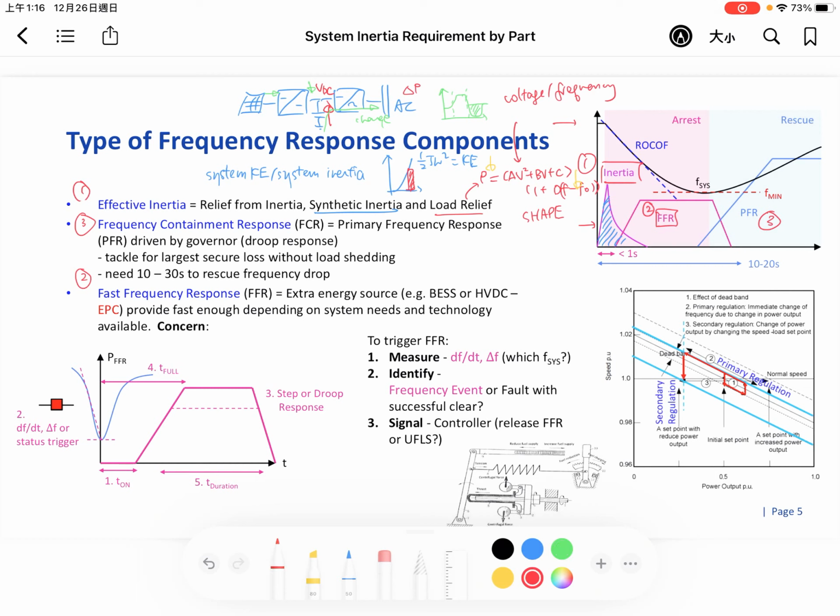Then another is the relief from inertia, which is the KE. The combination of these three forms a term called effective inertia, because anyway we can't know what the effect of the inertia on the grid is, because we don't know how much motor is plugged onto the grid.